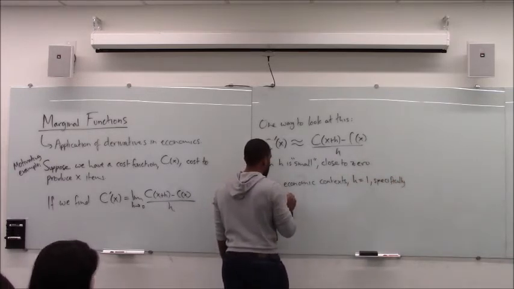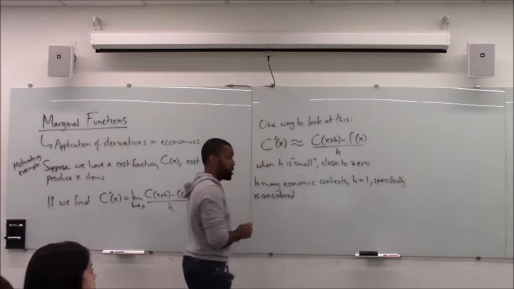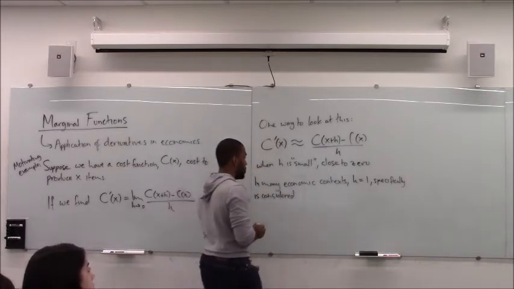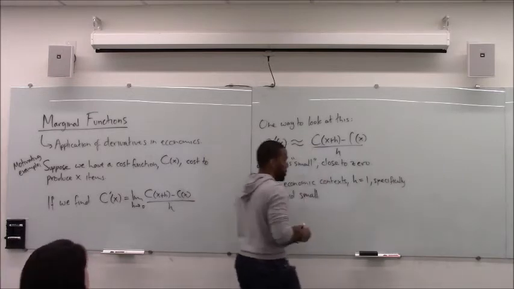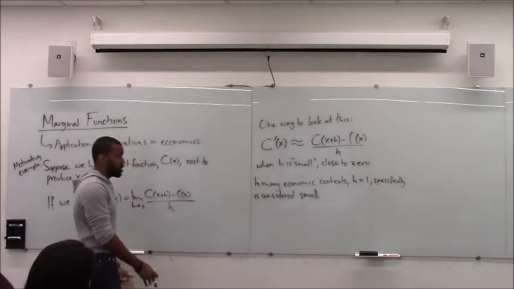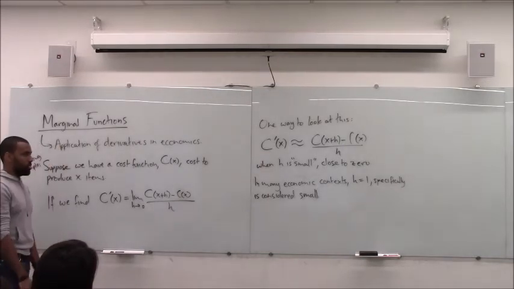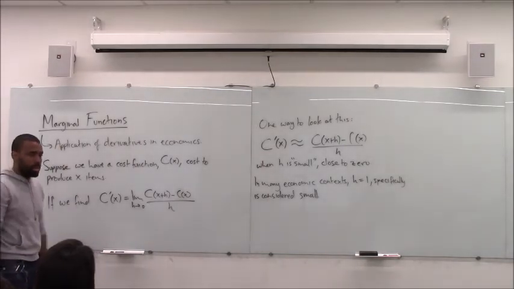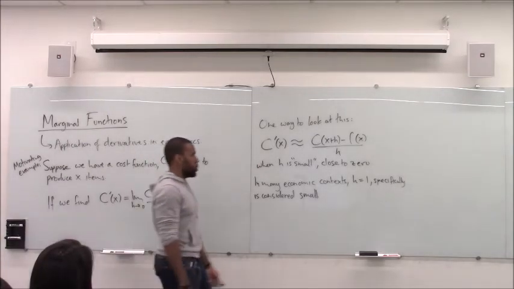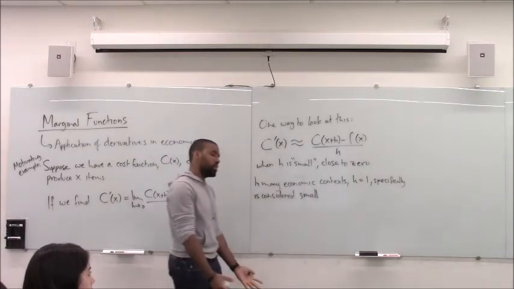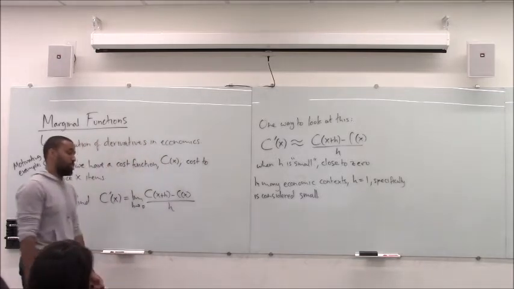In many contexts, h equals 1 is pretty much the closest you can get to 0 without actually being 0 itself. So normally if you're a manufacturer, you're producing a certain amount of products. What is the smallest amount of products you can produce? Well, 1. Right? No one's going to say, oh, we produced half a product today. That's not really a thing. 1 is going to be pretty much the smallest thing you can produce without producing nothing.